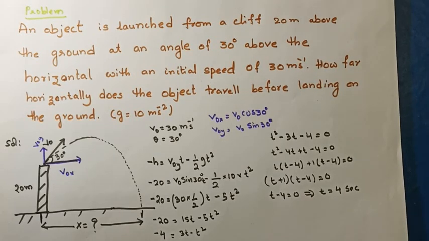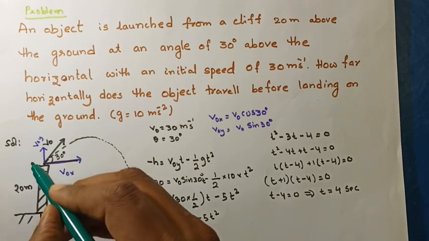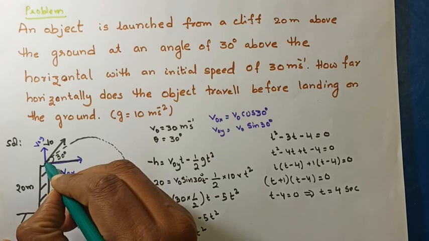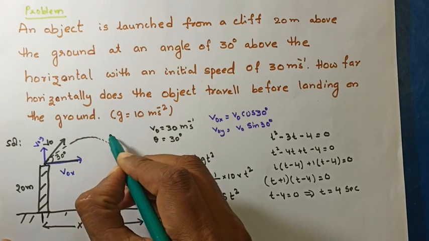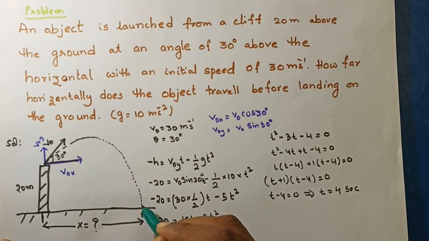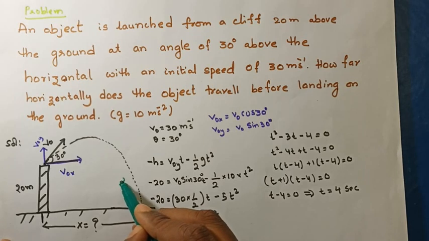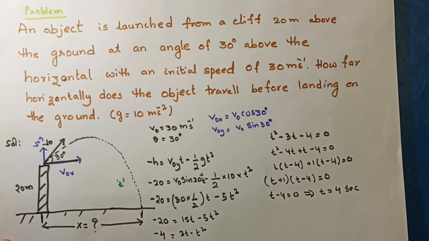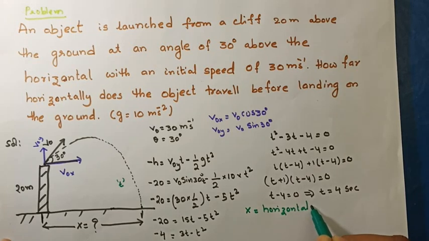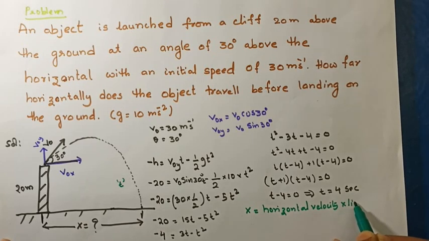Now the time we obtained is the time from launching to the time of landing. This is called the total time t. Now we need to calculate x. x is equal to horizontal velocity into time.